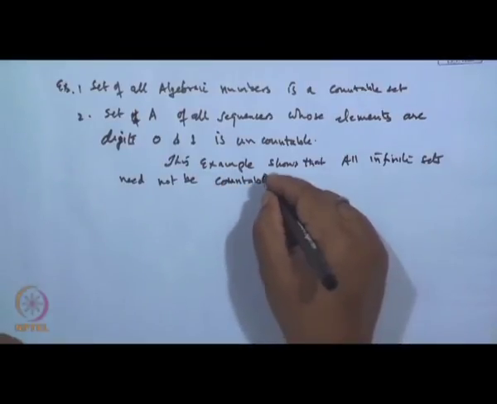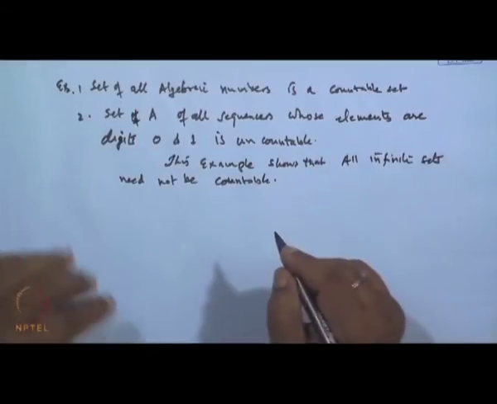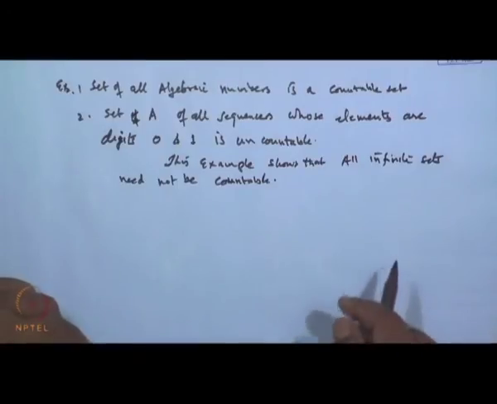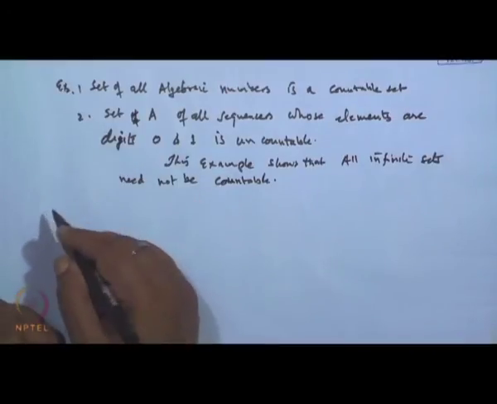In fact, we will show that the set of real numbers is not countable; the set of rationals is countable, while the set of irrationals becomes an uncountable set. So, let us see the result in the form of a theorem.